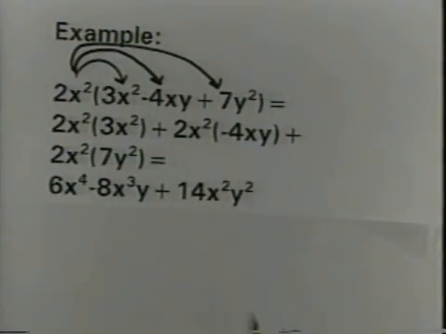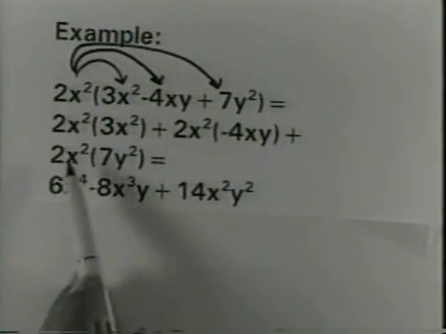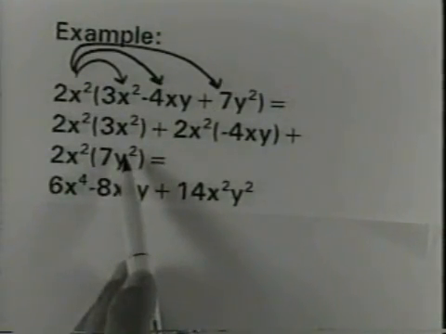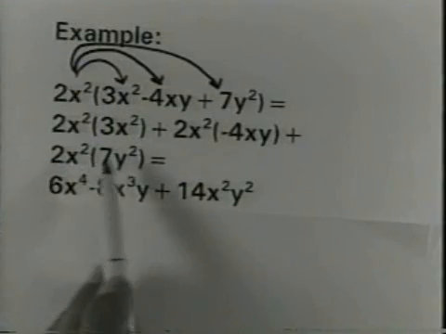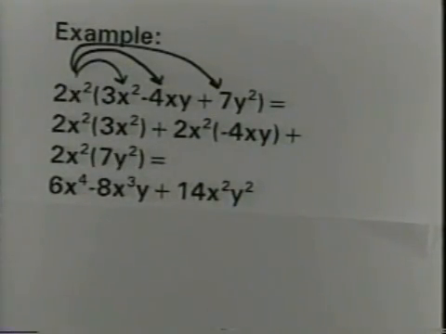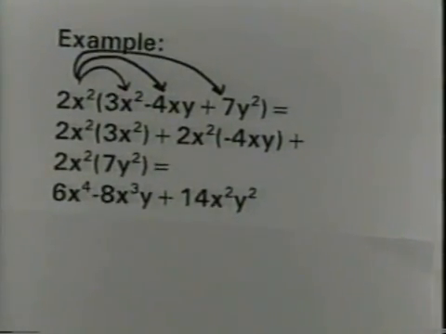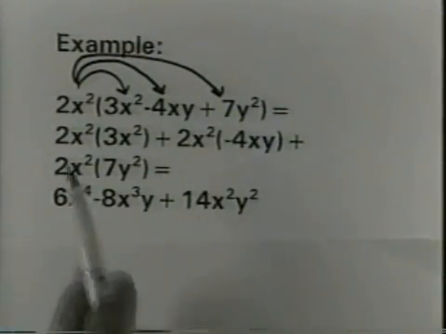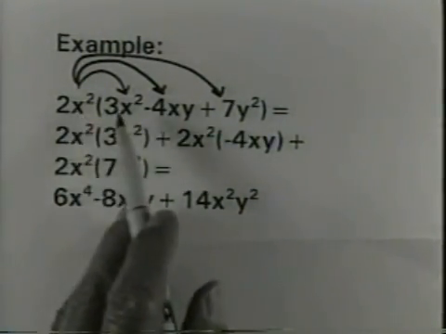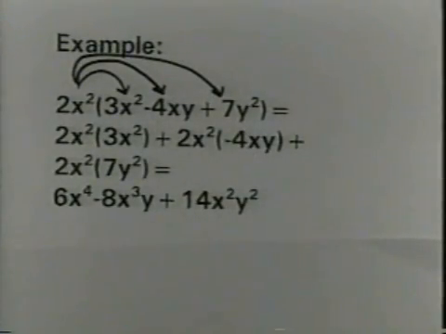And I have the y. Finally, I multiply 2x squared times 7y squared. 2 times 7 is 14. And then I have x squared y squared. So this is a method you use to multiply a monomial by a polynomial. You simply use the distributive property.